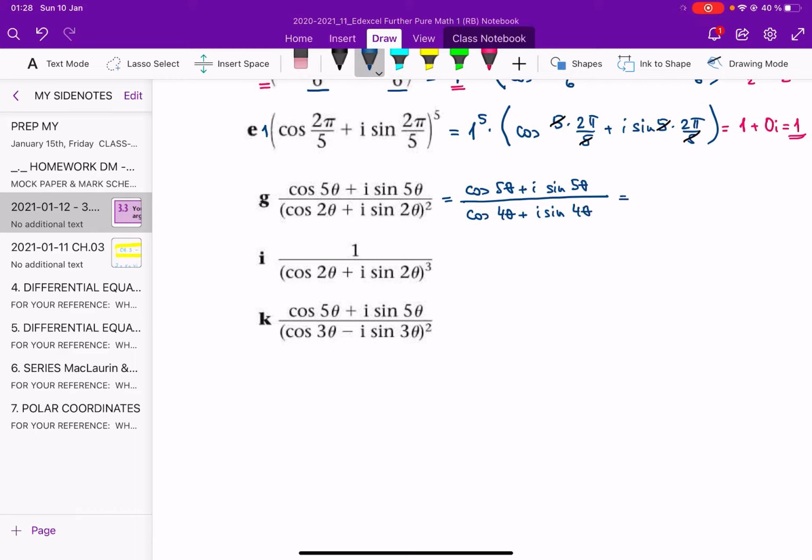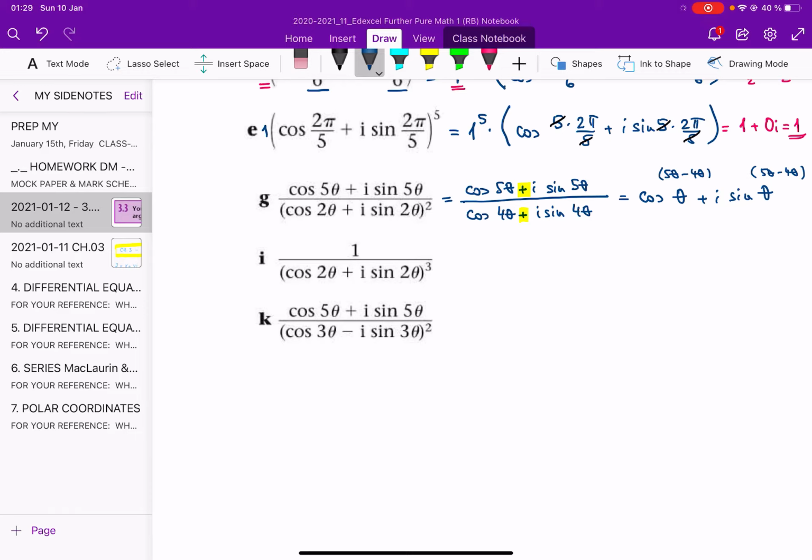And now because there is a plus in both cases, I can just apply the rule from section 3.3 about the division of complex numbers. That means in this case it would be cosine theta plus i sine theta. The reason is that this is 5 theta minus 4 theta obviously, and this is the same, 5 theta minus 4 theta.